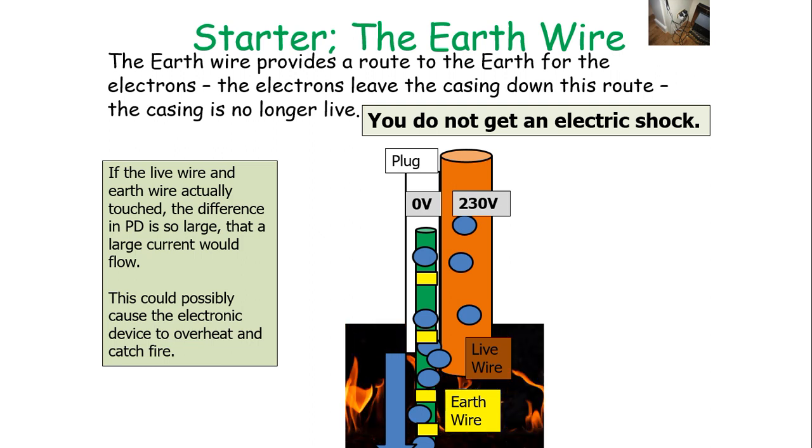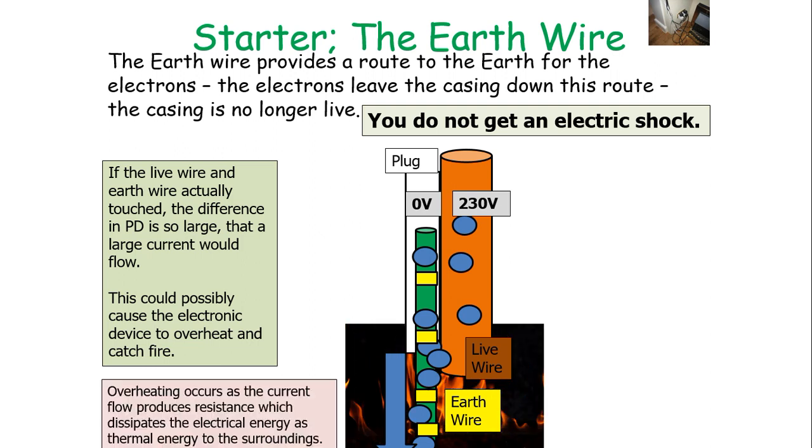This could possibly cause the electronic device to overheat and catch fire. Now, the overheating occurs as current flow produces resistance, which dissipates the electrical energy as thermal energy to the surroundings. And if you've got a large current, because you've got a large potential difference, you can get a large resistance, which leads to a large energy dissipation, which can lead to the device catching fire.